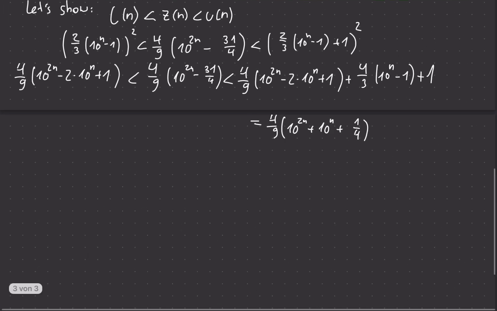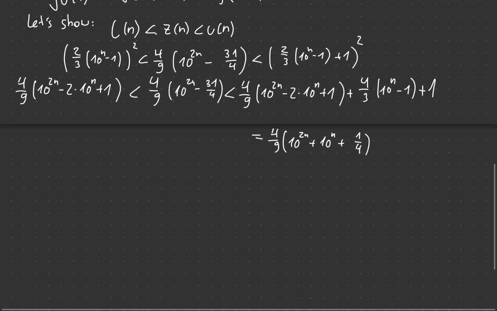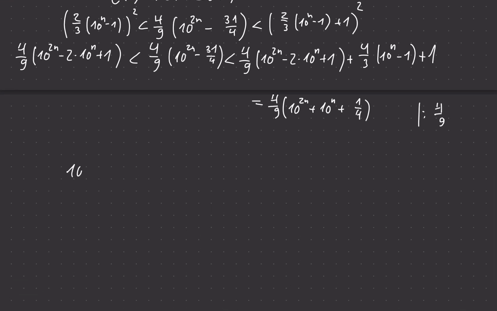Alright. Now we can just divide by 4/9 on all sides to get 10 to the 2n minus 2 times 10 to the n plus 1 is smaller than 10 to the 2n minus 31 divided by 4, which is smaller than 10 to the 2n plus 10 to the n plus 1/4.